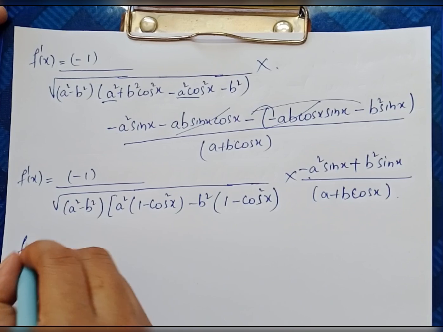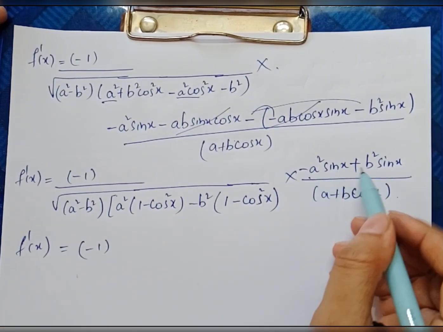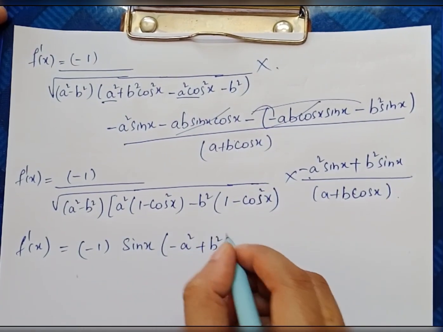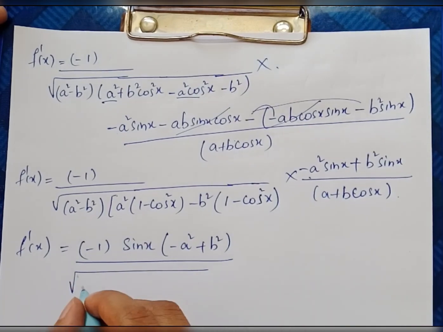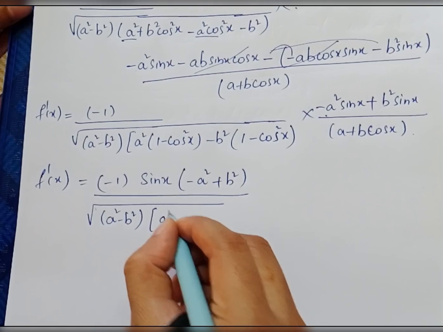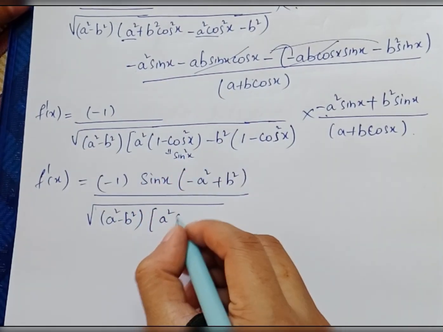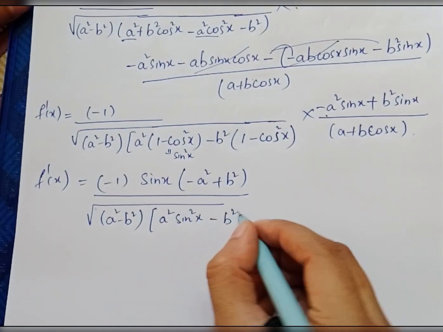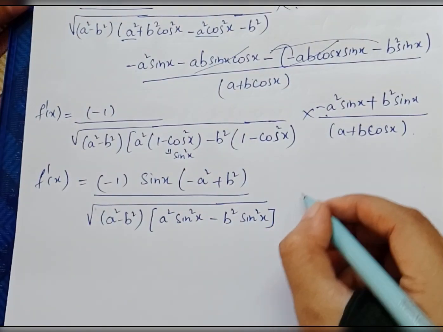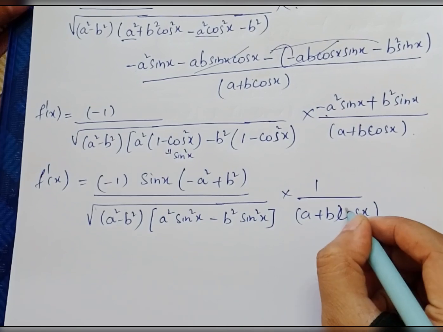So f dash of x is equal to minus 1 into, taking sin x common in the numerator, so it is minus a square plus b square by under root of a square minus b square. Here a square, 1 minus cos square x is sin square x, so it is a square sin square x minus b square sin square x, into 1 by a plus b cos x.